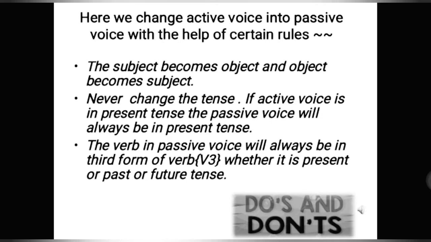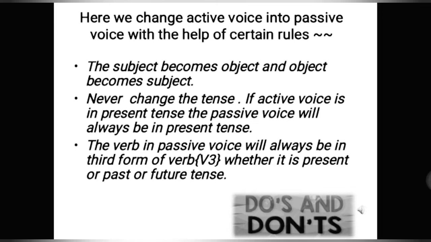Now I am telling you some certain rules. With the help of these rules, you can convert active voice into passive voice. So listen to it very carefully. Very first, the subject becomes object and object becomes subject in passive voice. Second rule, never change the tense.